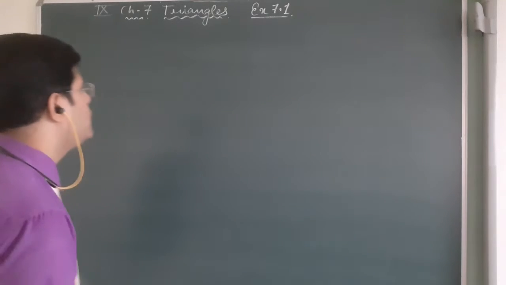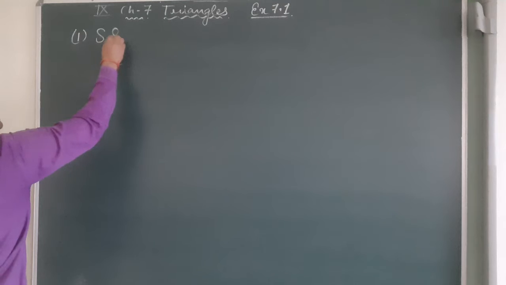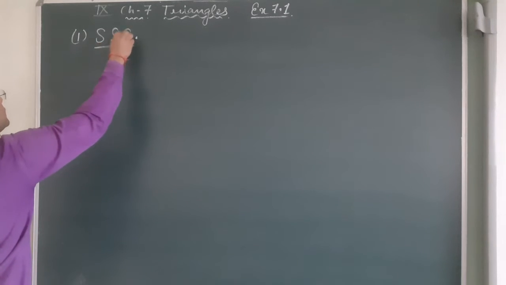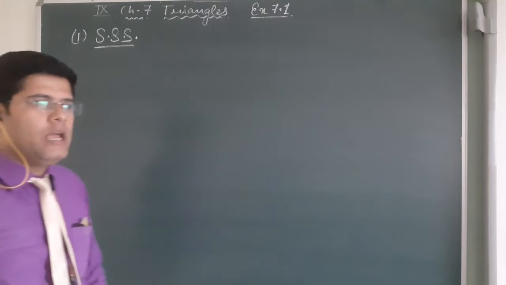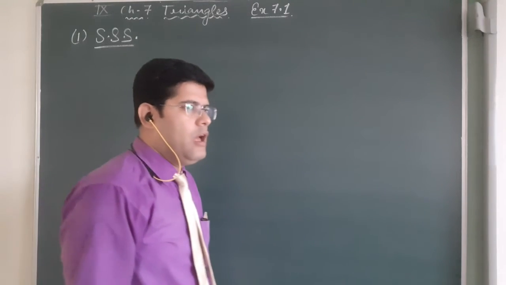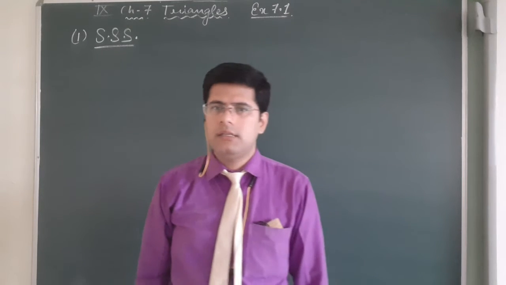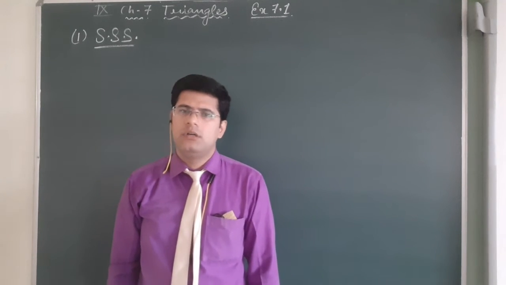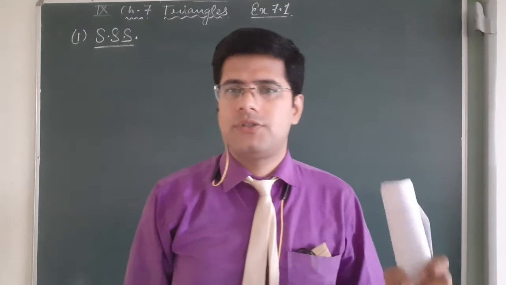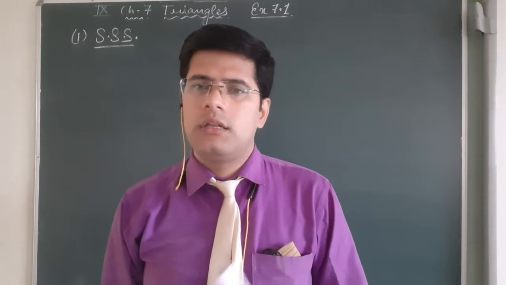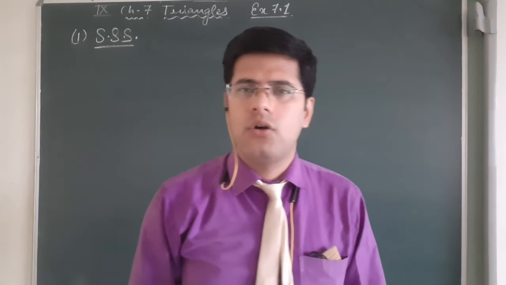The first rule is known as the SSS congruent rule. What is the SSS congruent rule? If all sides of the first triangle are equal to the corresponding sides of the second triangle, then the triangles are congruent.